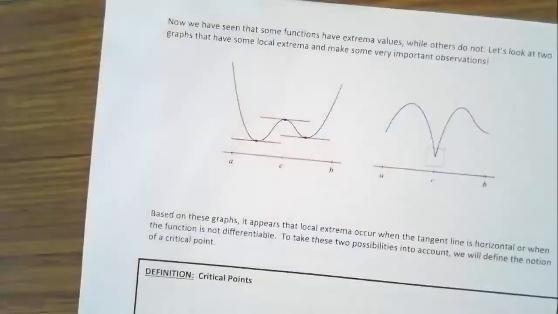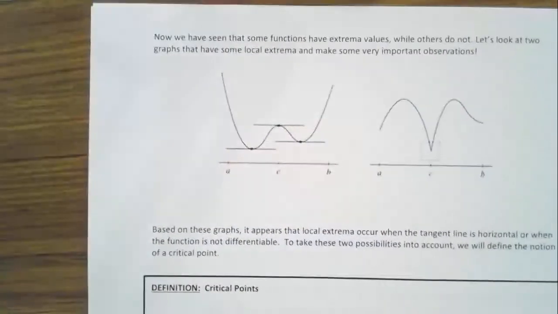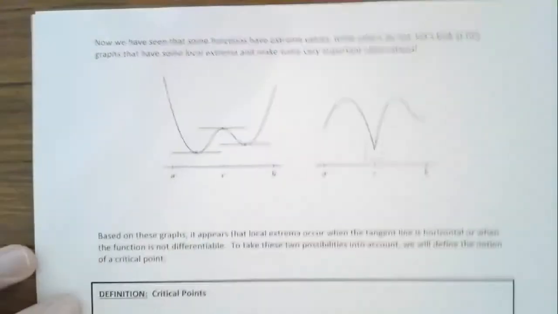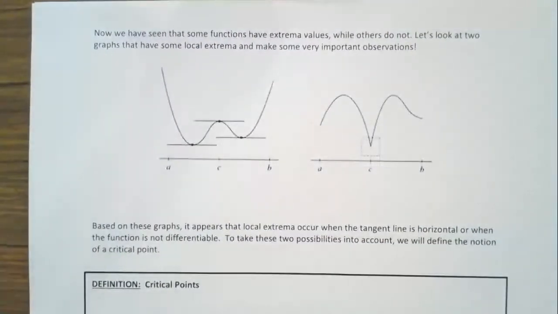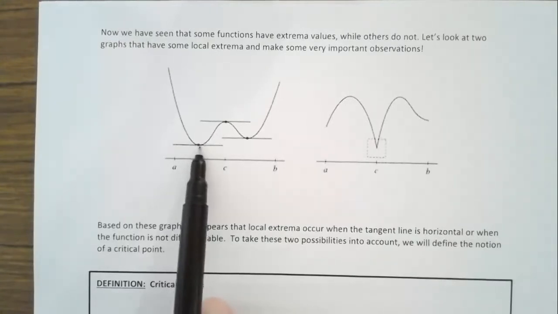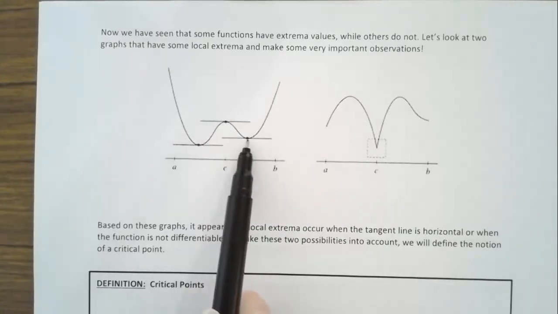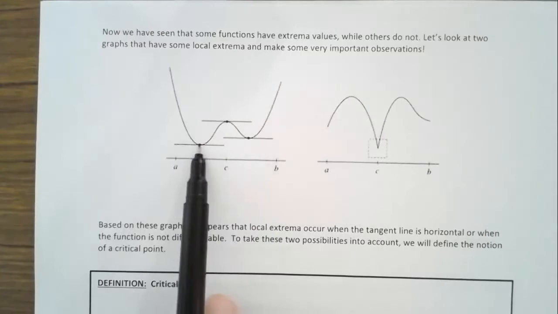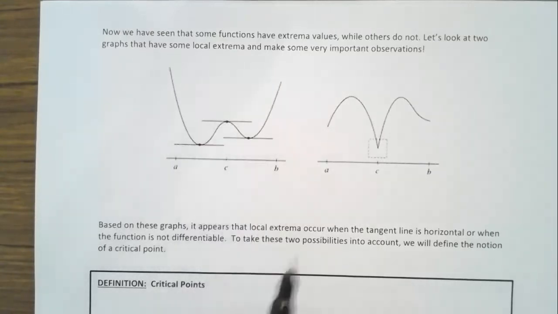All right, so let's get into some calculus stuff. Now that we've seen how some functions have extreme values, we're going to look at some graphs that have some local extrema. If you notice here in our first graph, our local extrema happen at these points here. And at these points, we have horizontal tangent lines.